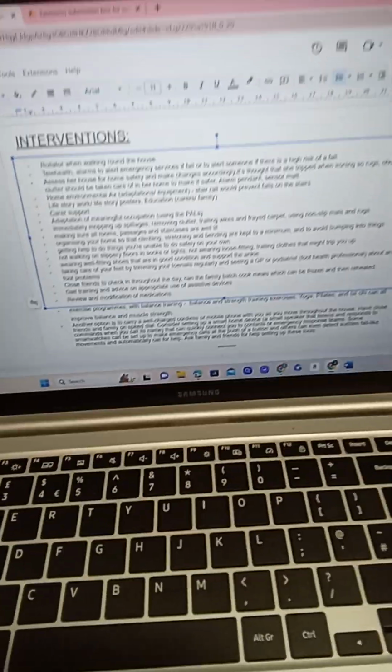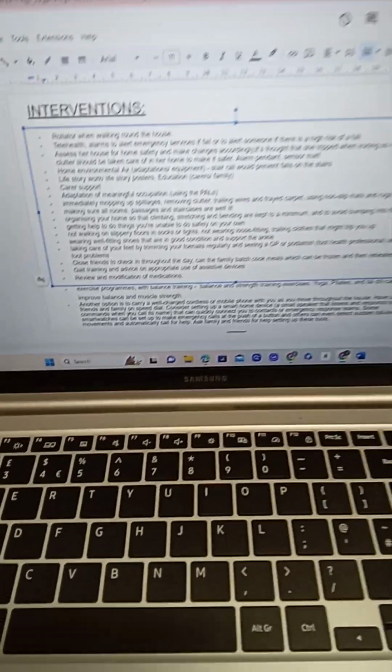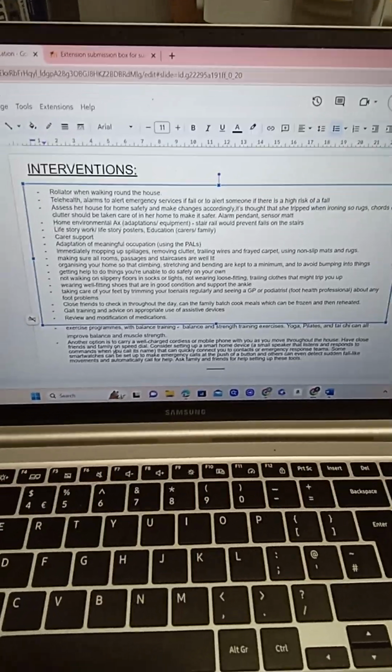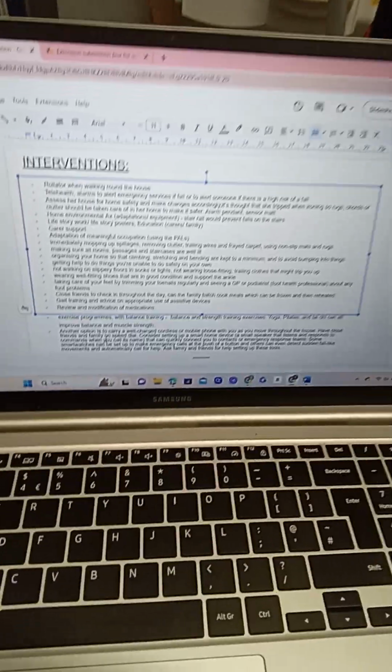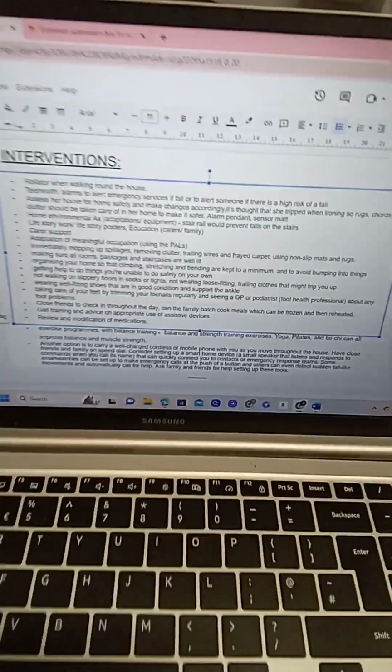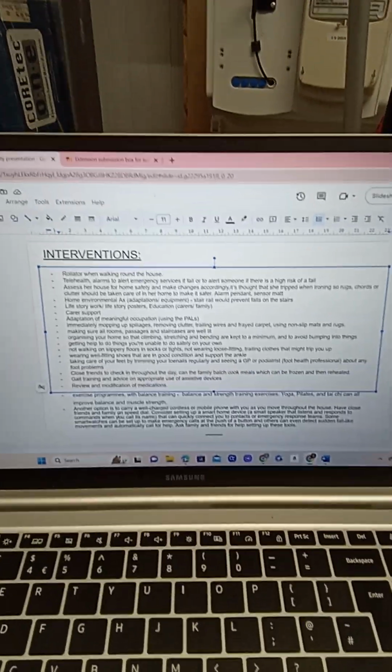What can we do? Any clutter to be taken out of her home to make it safer. She's got stairs at home, so we could put a stair rail which could prevent falls on the stairs. We could also look at care support, if she needs that extra support with care.